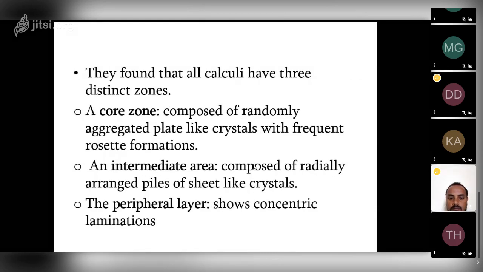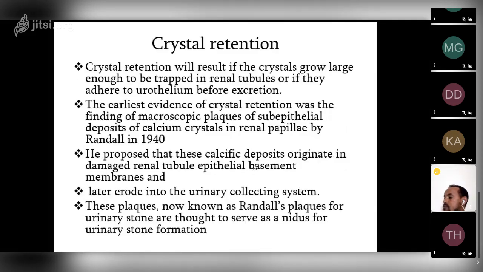They found that all calculi have three distinct zones: the core zone, the intermediate area, and the peripheral layers. So when we examine the structures, there are different zones that we see in the calculi.